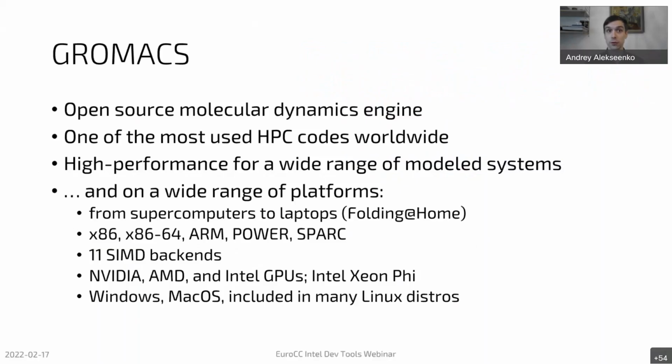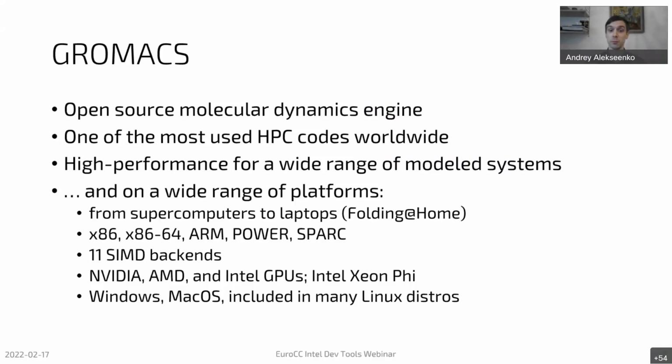So first, let's talk about our code base. GROMACS is an open source GPL licensed molecular dynamics engine. It's very widely used. By some estimates, GROMACS accounts for around 5% of the supercomputer usage worldwide. And we are not limited to supercomputers.